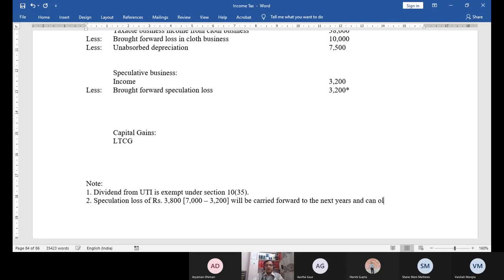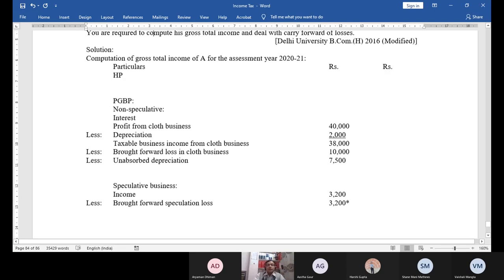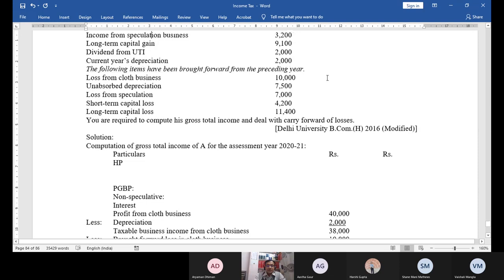And it can only be adjusted till a maximum of 4 years. I can tell you exactly which is the 4th year, because these all are losses of the preceding year, that means the previous year 18-19.